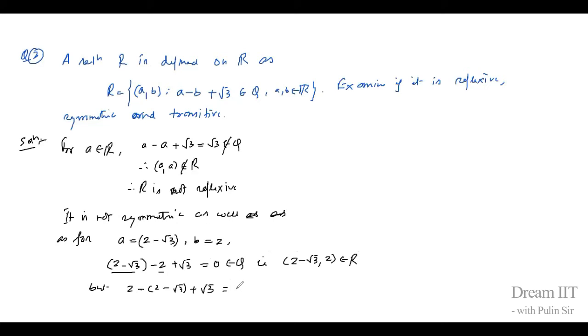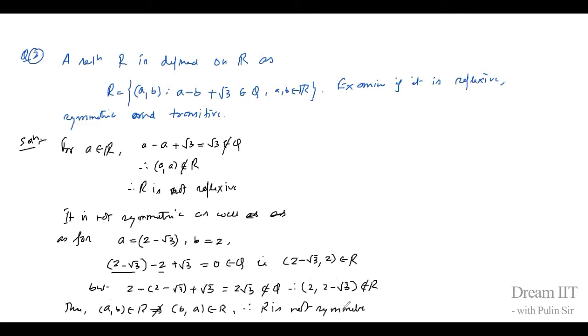What will be the answer ultimately? 2 root 3, and this does not belong to Q, right? Therefore, you can see that this does not belong to R. Thus, (A, B) belongs to R does not imply (B, A) belongs to R. Therefore, R is not symmetric.